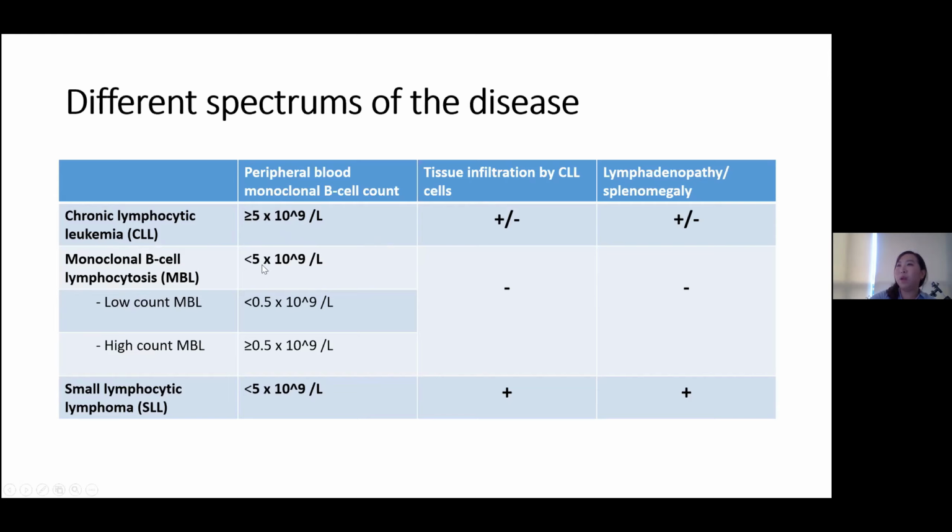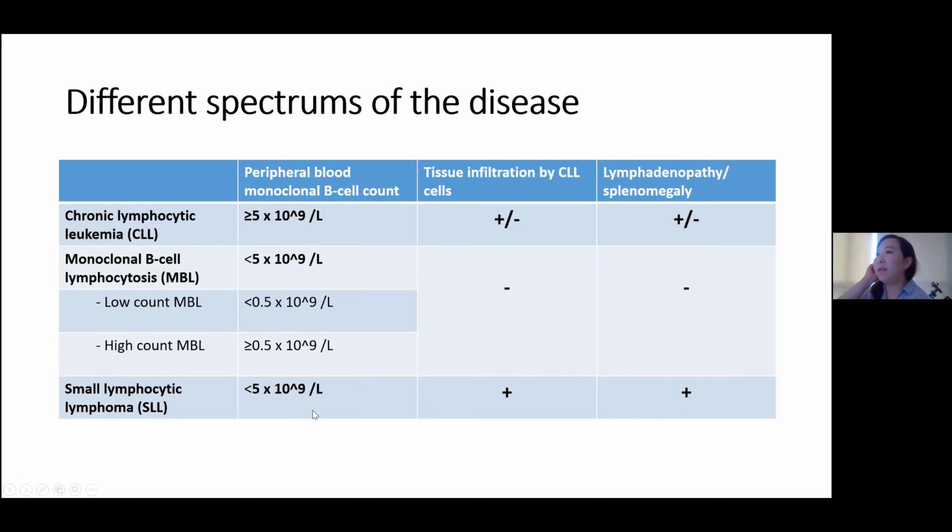And CLL, we have more than 5, and there are some precursors conditions called monoclonal B cell lymphocytosis that presents with lower monoclonal B cell count of less than 5. And then there's another one called small lymphocytic lymphoma, or SLL, and in WHO it's classified together with CLL, so it's often called CLL/SLL. And the only difference is that in CLL you have more than 5, and in SLL you have less than 5 malignant B cells circulating in peripheral blood.